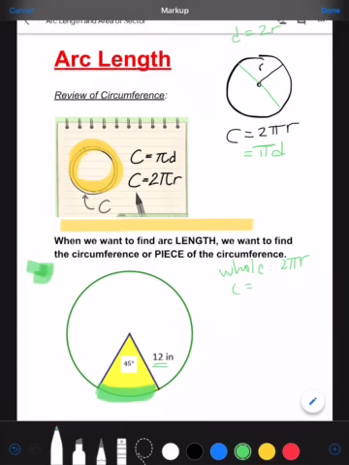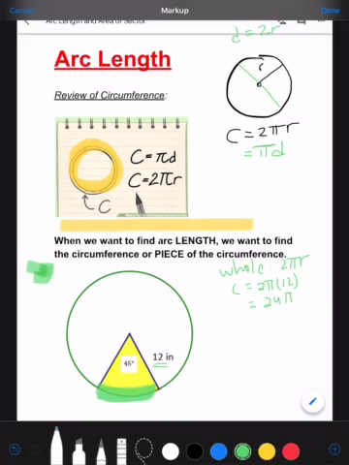So the circumference is 2 times pi times 12, which is 24 pi. But this includes all the circle around. In this new topic, we don't want to find the whole thing. We want to find a piece, a portion.